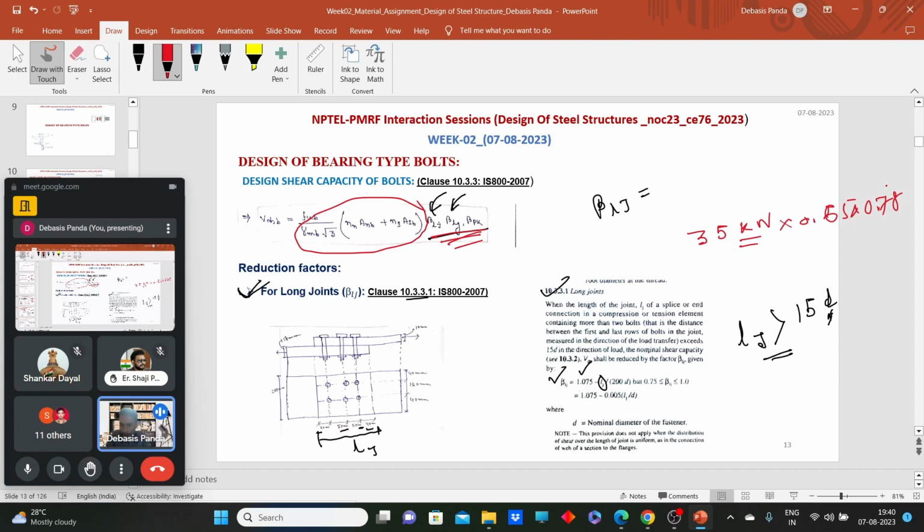Now, one more phenomenon, the bearing type of bolt can fail. Tell me what that can be. How will bearing type bolts transfer the load? In shearing action and bearing action. We have understood the shear capacity of the bolt. Now we have to understand the bearing capacity of the bolt. So what will be the bearing capacity of the bolt?